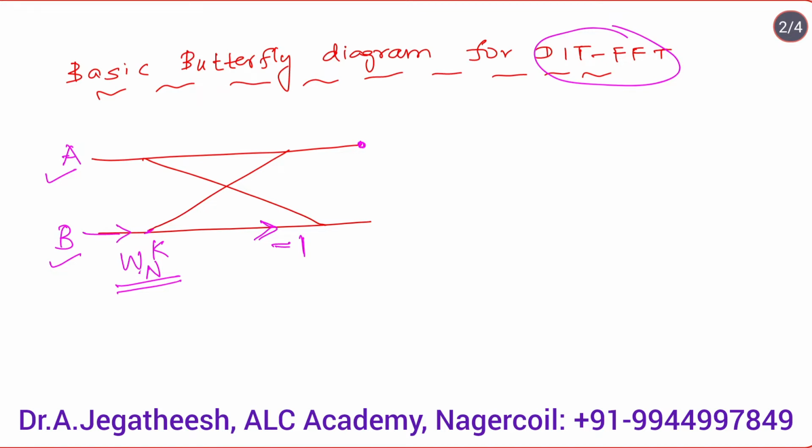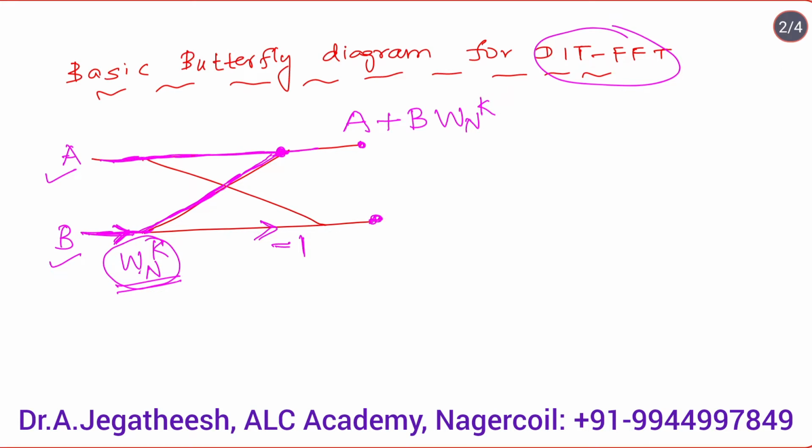Now I can find the output here. Here you are having A, here you are having B, but on the way you have Wn power k, so B multiplied by Wn power k comes to this node, and they are getting added. Already you have A, now you have B Wn power k, both are added, so the output is A plus B Wn power k.